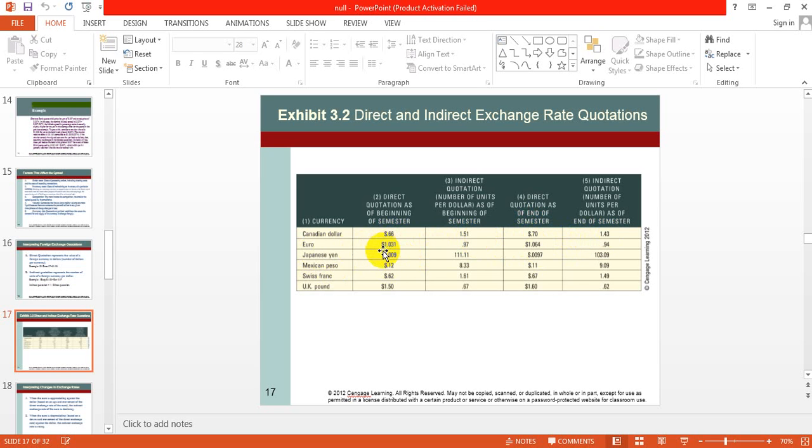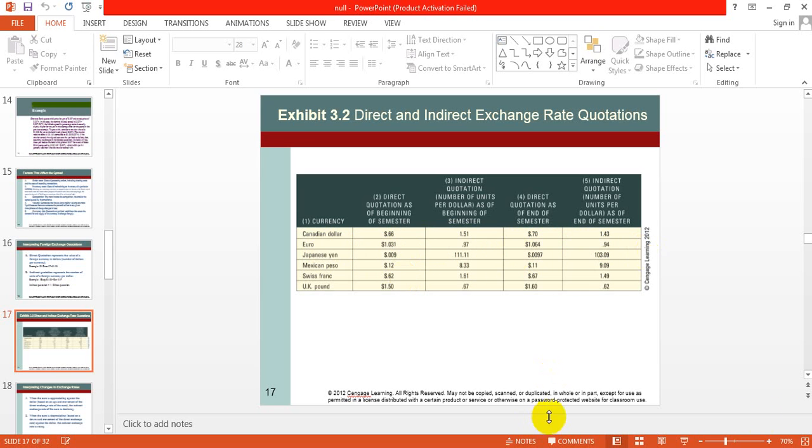Euro to dollar: 1 euro is equal to 1.031 dollars, and $1 is equal to 0.97 euros. After 6 months, it is 1.064 and then it is 0.94.